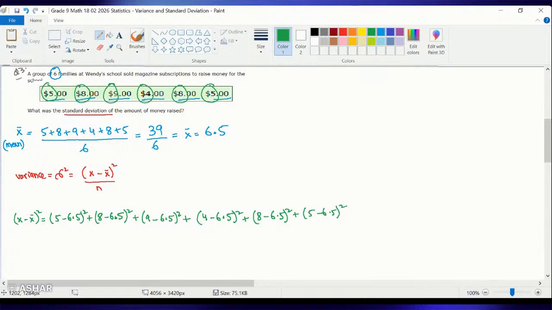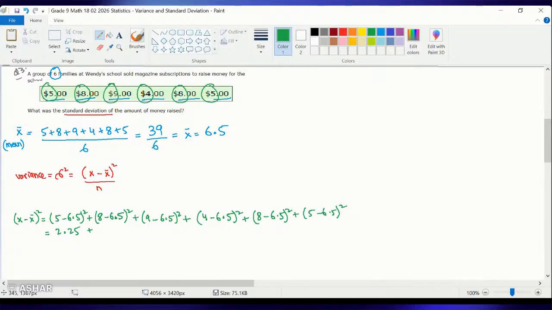That's 39, right? That means the sum comes out to be 39. Yes, perfect. But we need to apply a square. 5 minus 6.5 squared, I'm using a calculator to solve this. 8 minus 6.5 squared is 2.25. 5 minus 6.5 squared is also 2.25.